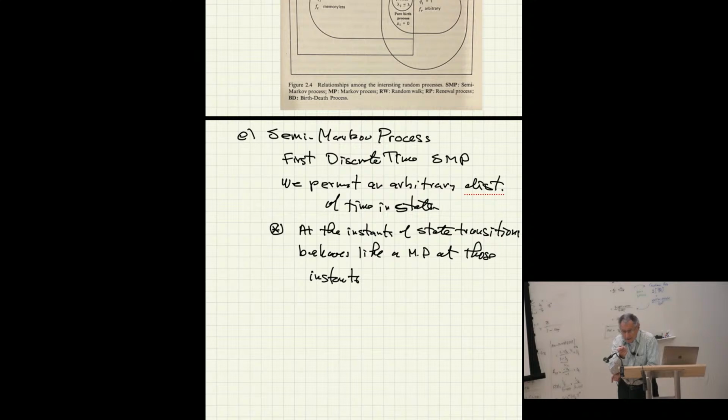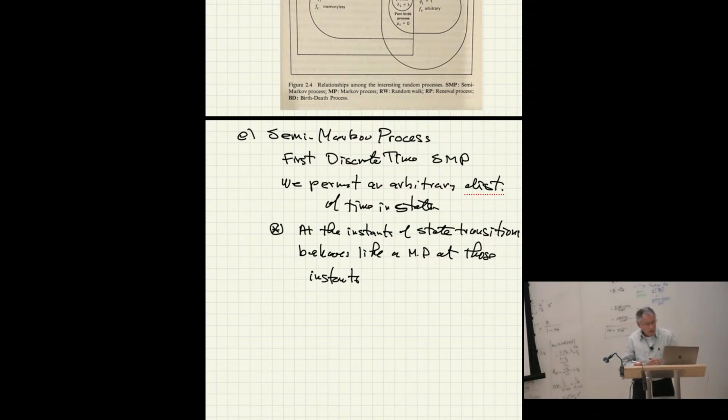Yes, tell me. 0. You just jumped in, so you know how long you've been there. It's 0 seconds. At those instants, the only thing that affects the future is the state you're in. So it has a kind of Markov property.